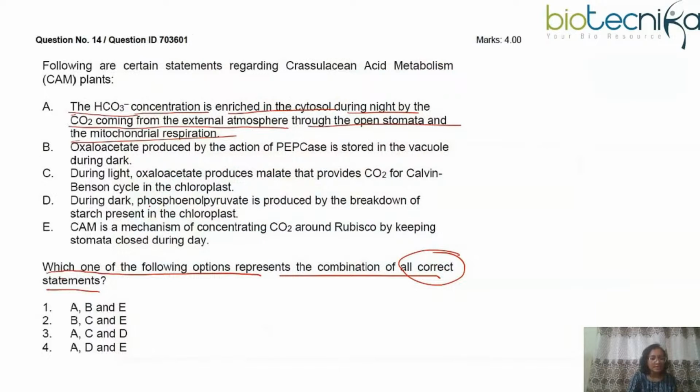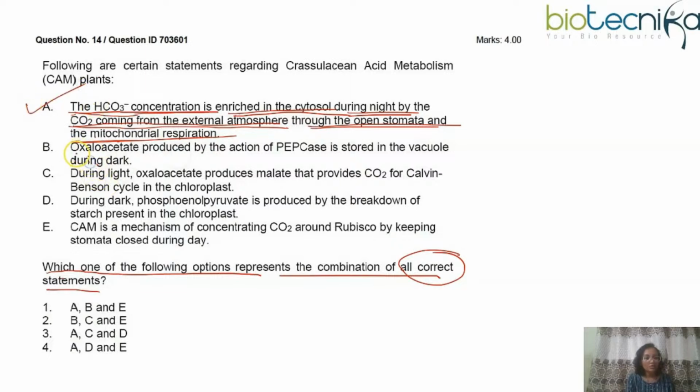So the first sentence is actually true. Bicarbonate concentration is enriched in the cytosol during the night time from the CO2 coming from the external atmosphere through the open stomata and mitochondrial respiration. So this sentence is correct.